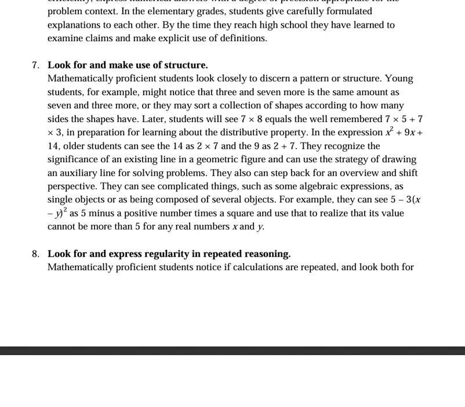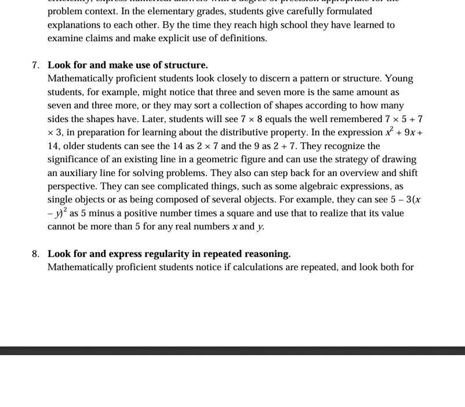They recognize the significance of an existing line in a geometric figure and can use the strategy of drawing an auxiliary line for solving problems. They also can step back for an overview and shift perspective.